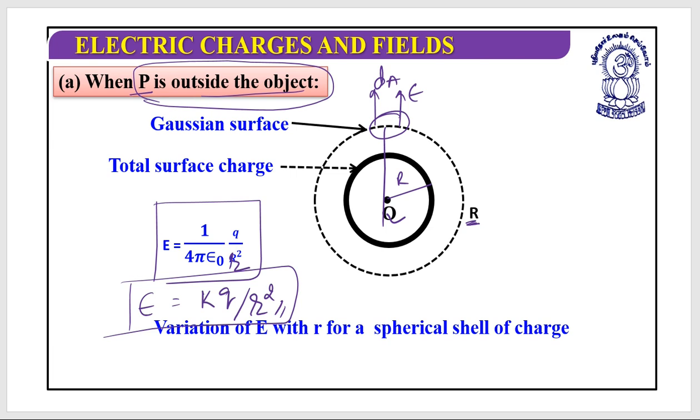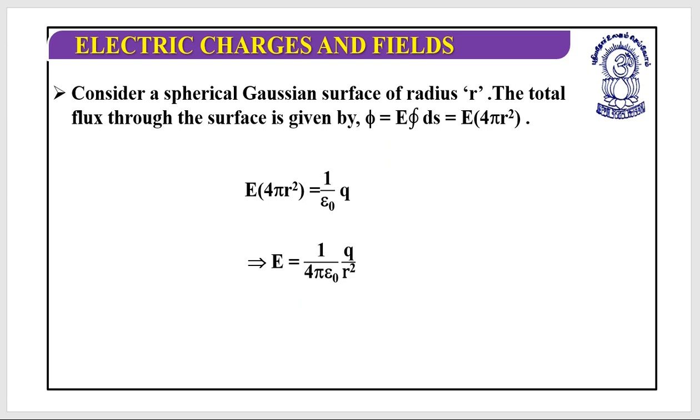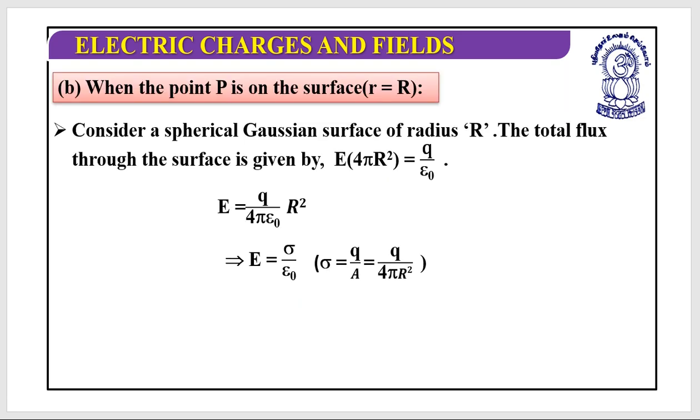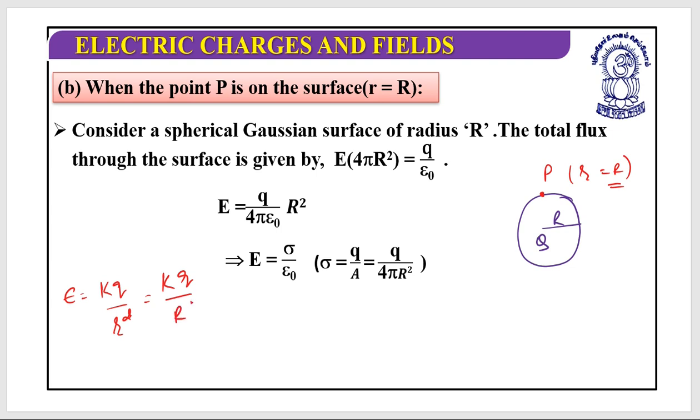Have you done with this? Are you sure? Okay, let's look at the next. When the point P is on the surface, this would be the situation. This is charge Q having radius R, and you need to find the electric field at this location, where r equals R. If you replace in the previous relation, E equals kQ by R square.